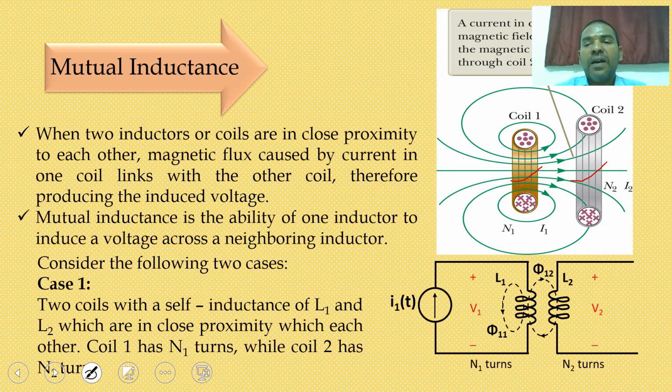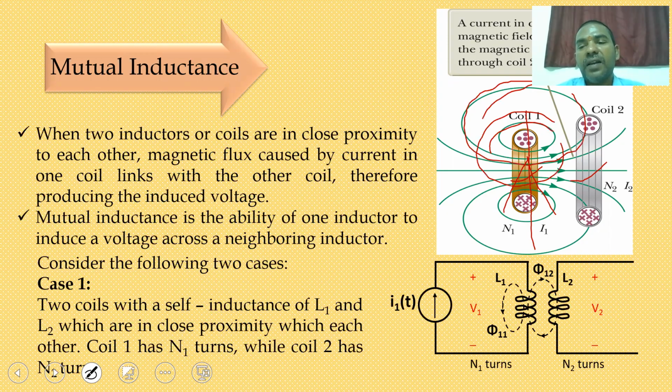If a current is carried in the first coil, a magnetic flux will be produced around the coil. This magnetic flux produced by the first coil cuts the second coil, so an induced EMF must be developed in the second coil.